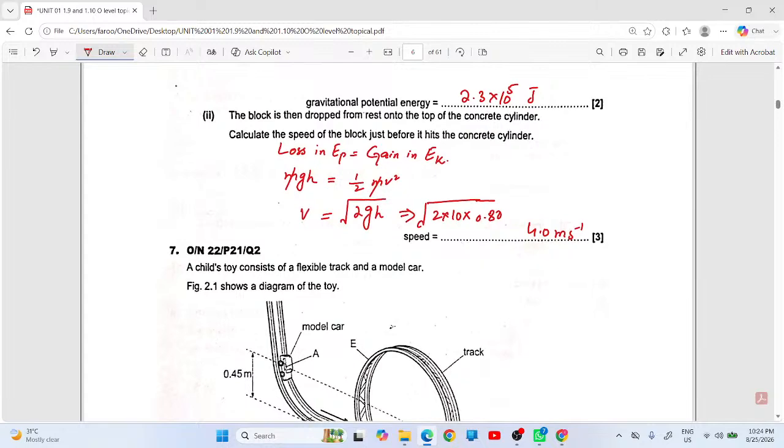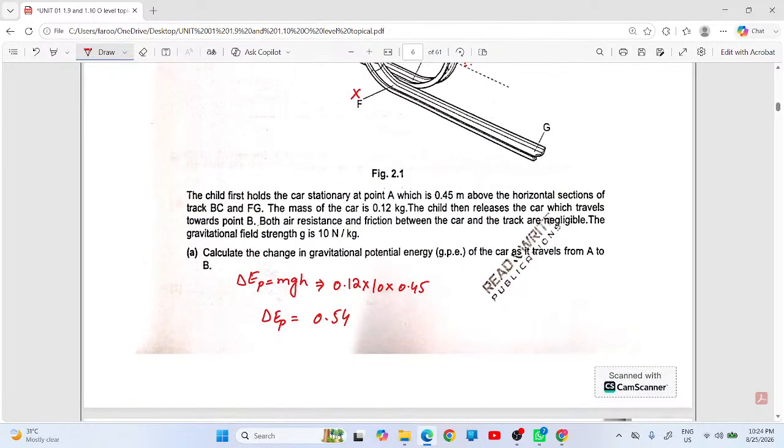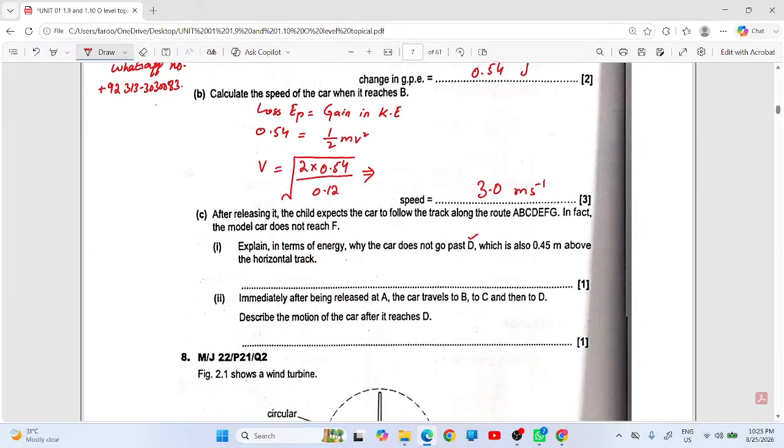But I wrote above that air resistance and friction should be negligible. So what do we write? It won't have enough kinetic energy to go above that.